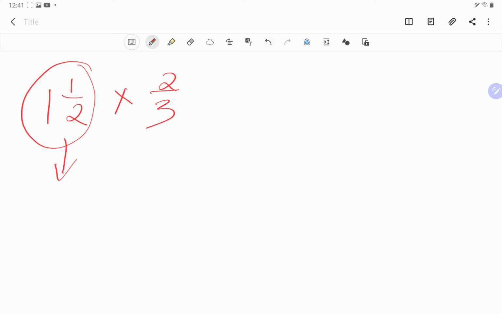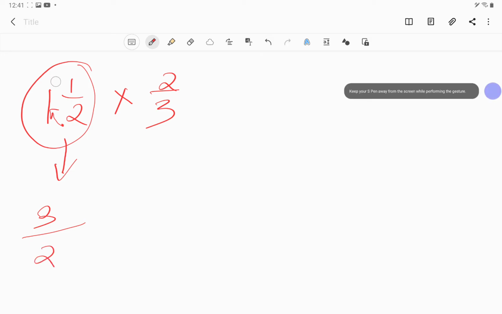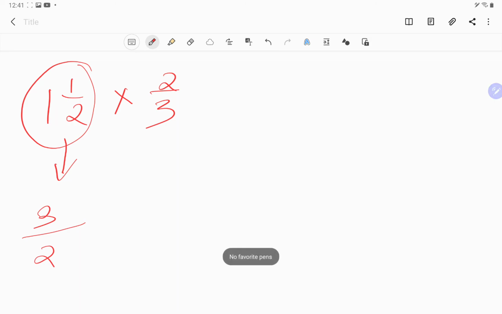Diba? So, ang unang-una mong gagawin, bago ka mag-multiply, i-convert mo muna to. Paano i-convert? 2 times 1 is equal to 2 plus 1 is equal to 3. So, yung numerator natin. Then, copy the denominator here, which is equal to 2. Alright? So, yung 1 and 1/2 mo, naging 3/2 times 2/3.